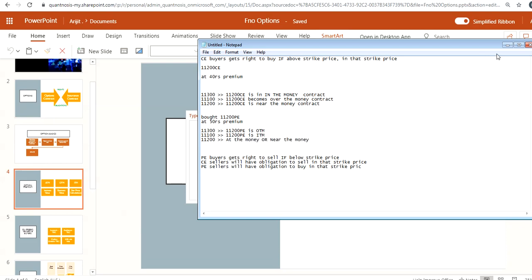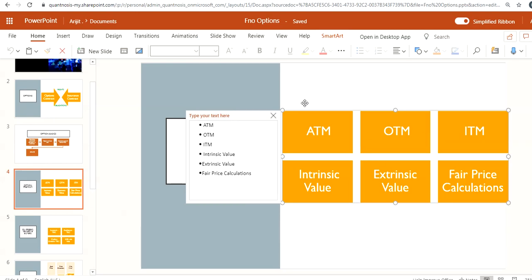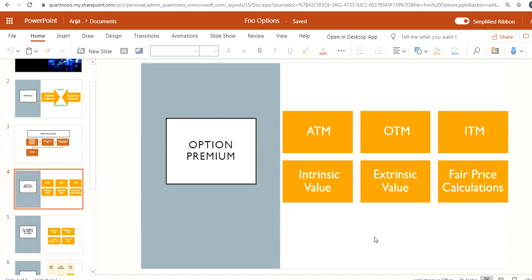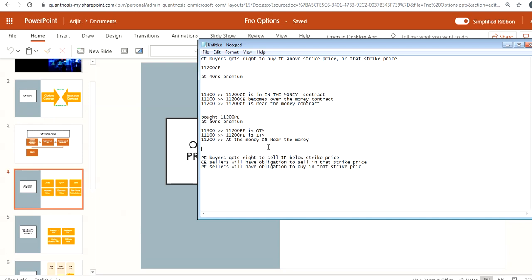Okay, so what is in the money, over the money and at the money is clear. I mentioned that the premium consists of two factors, intrinsic value and extrinsic value. In both cases, when price is in the money, the difference between the price and the strike becomes the intrinsic value.